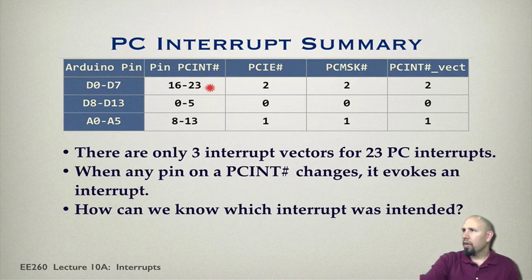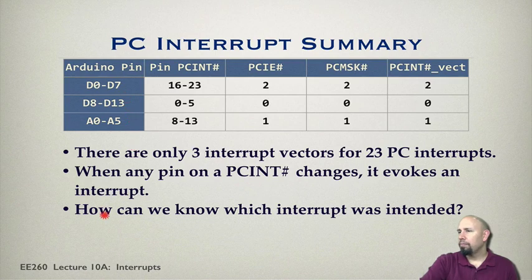So what does that mean? Here are our PC interrupt vectors: PCINT0, PCINT1, and PCINT2. PCINT0 is connected with the digital pins D8 through D13. PCINT1 is associated with the analog pins 0 to 5, and PCINT2 is associated with digital pins 0 to 7.